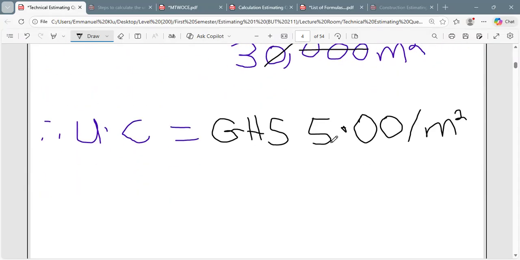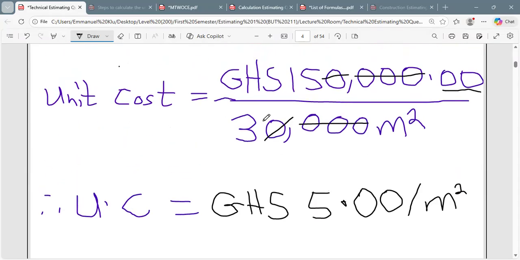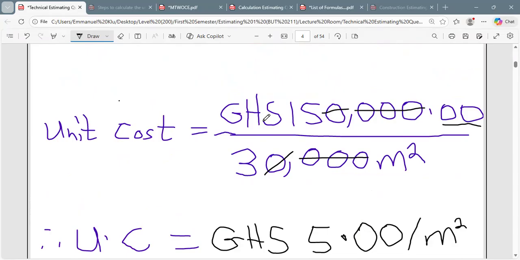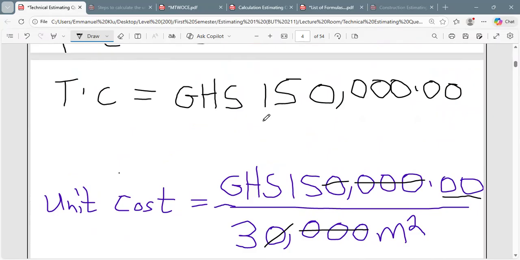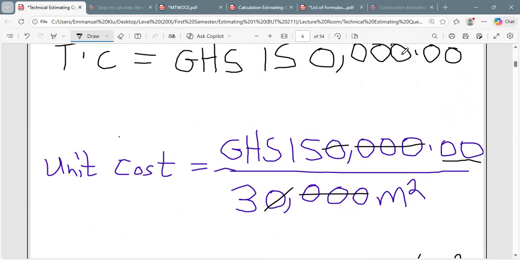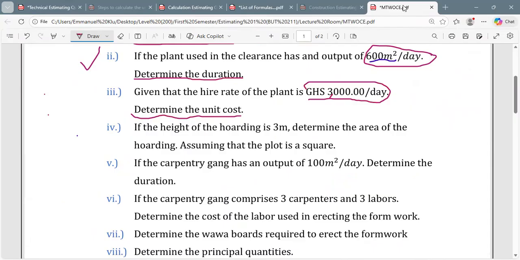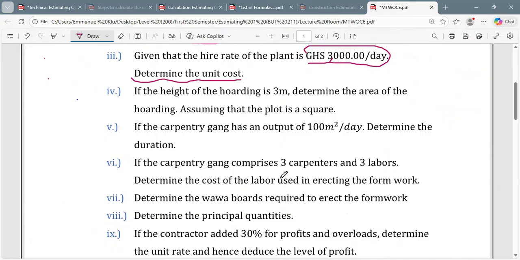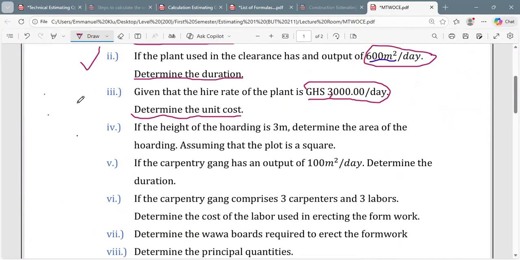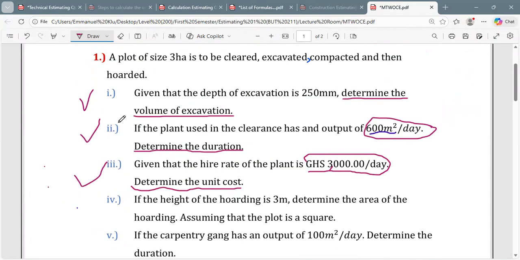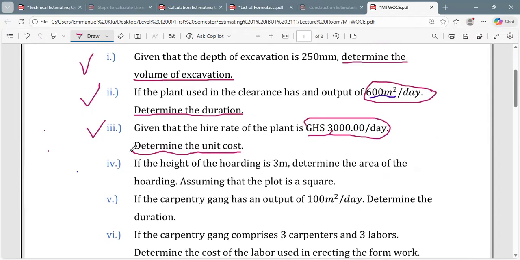So we have to move to our next calculation and look at the next thing we are supposed to calculate for. Now we are done with this one. So we are supposed to now solve for part IV.